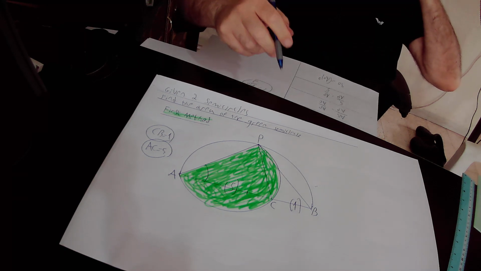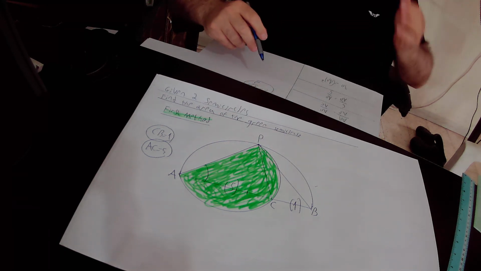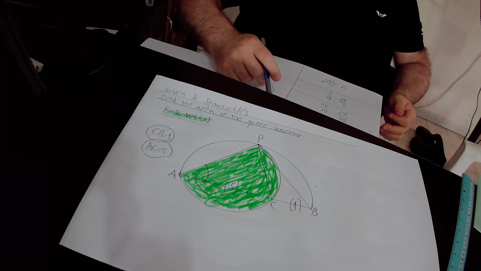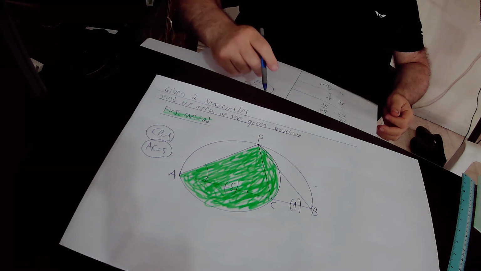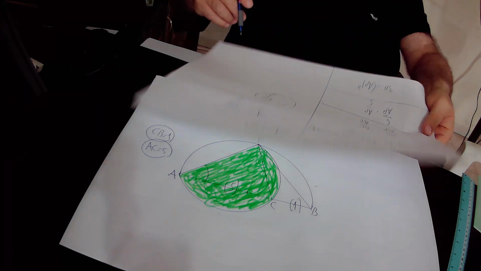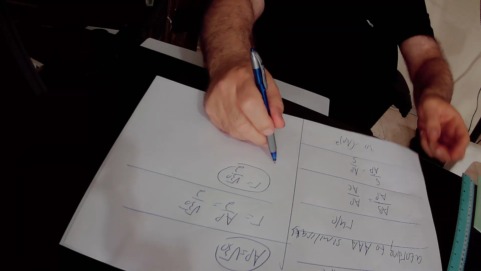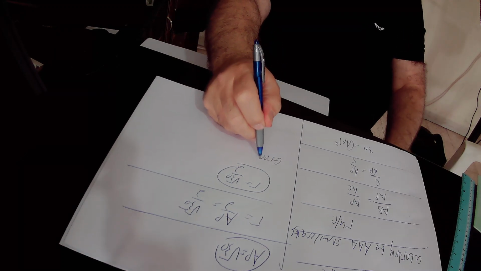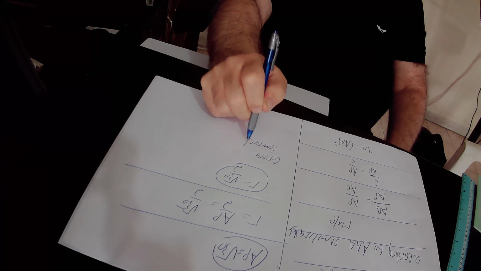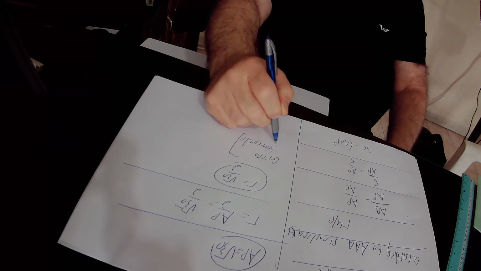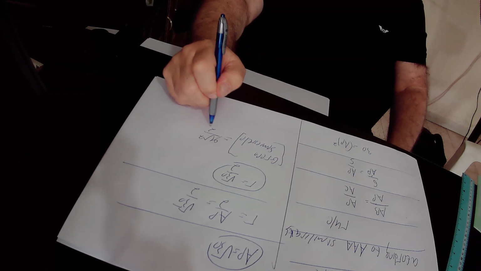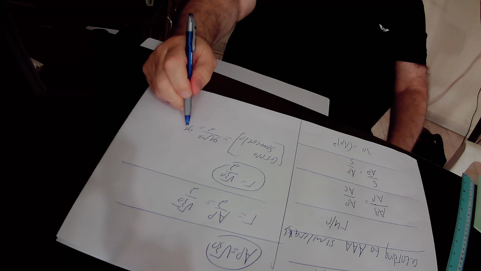Our mission is to find the area of this green semicircle. The area of any semicircle equals the area of the circle over 2. Therefore, it must be equal to pi r squared over 2. So the area of the green semicircle must be equal to pi r squared over 2. So it is pi times r squared.